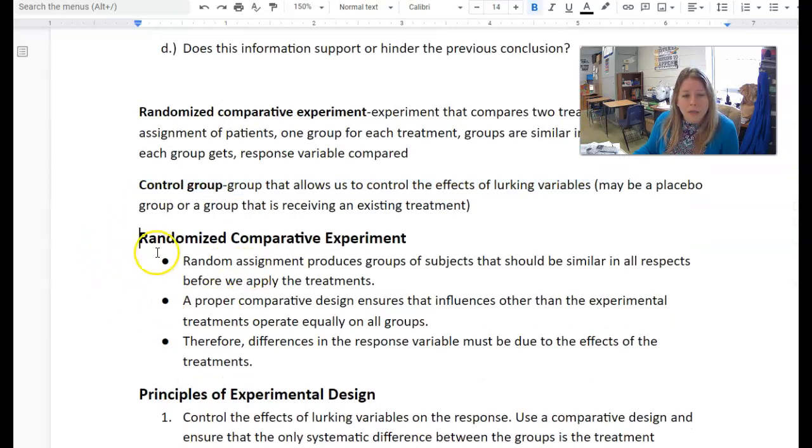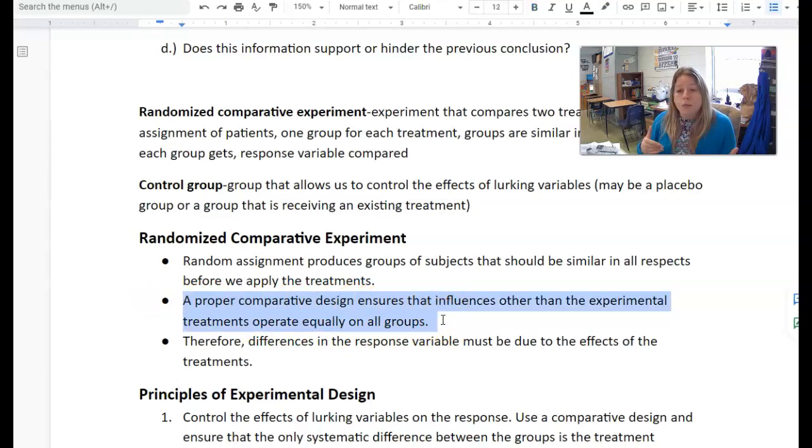All right. When you're doing a randomized comparative experiment, first, randomly assign your subjects. Proper comparative design ensures that influences other than the experimental treatments operate equally in all groups. So if things are perfectly random, the two groups should be equal in things that would affect it.